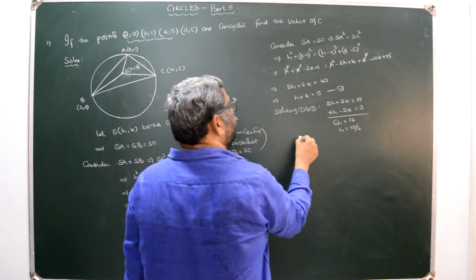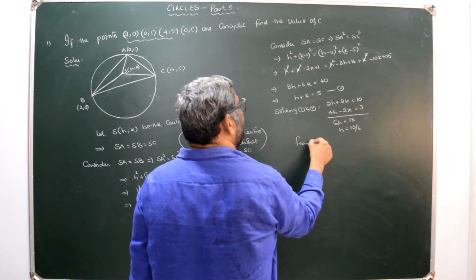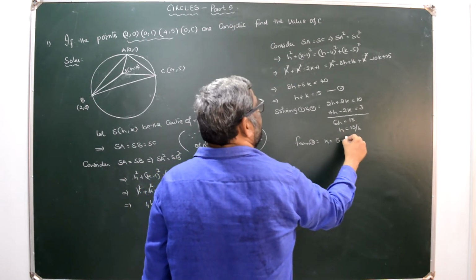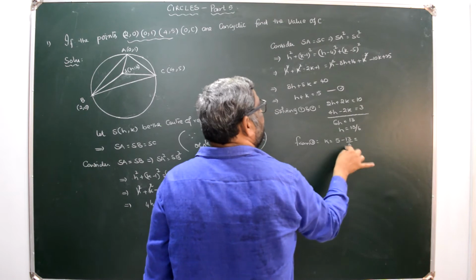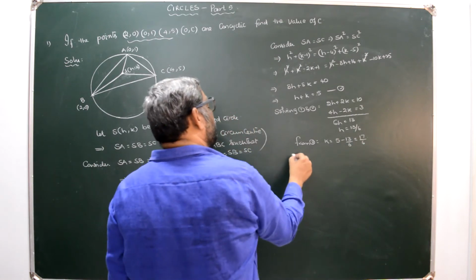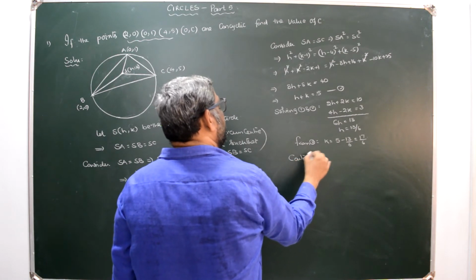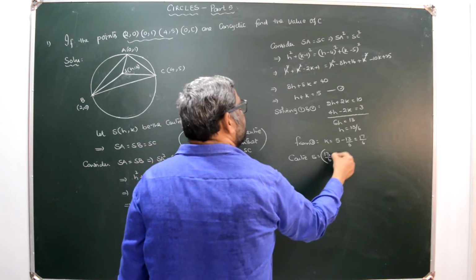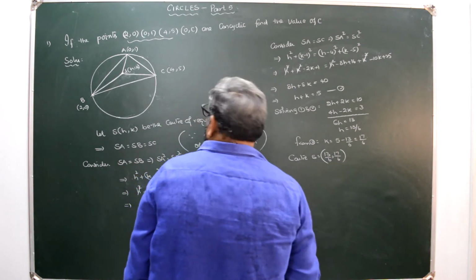Now from 2, K is equal to 5 minus 13 by 6, which is 30 minus 13, 17 by 6. So the center S is equal to (13 by 6, 17 by 6).